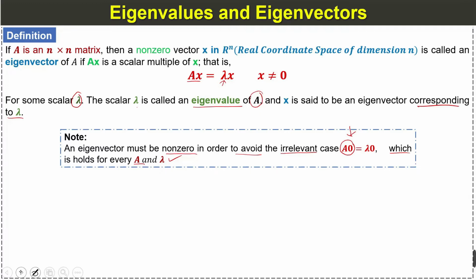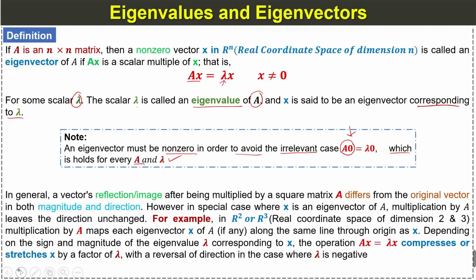Next, in general a vector's reflection or image after being multiplied by a square matrix A differs from the original vector, meaning when we multiply the vector x with A, which is equal to lambda into x.